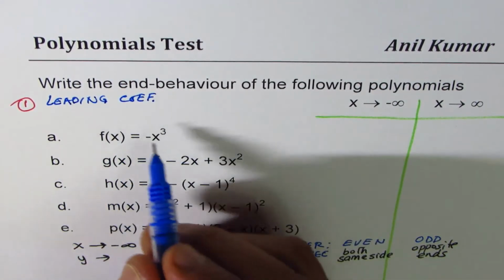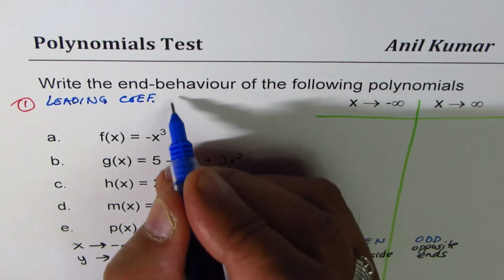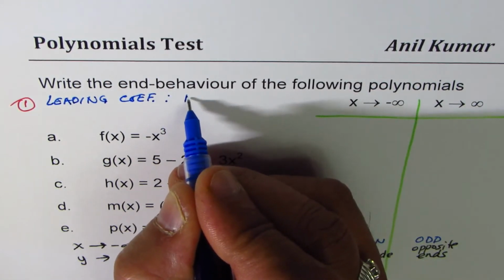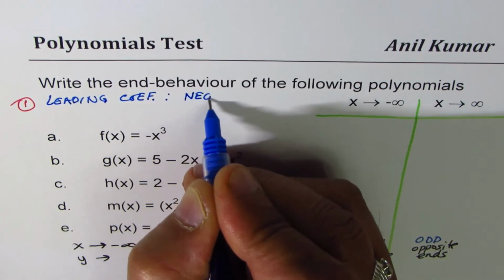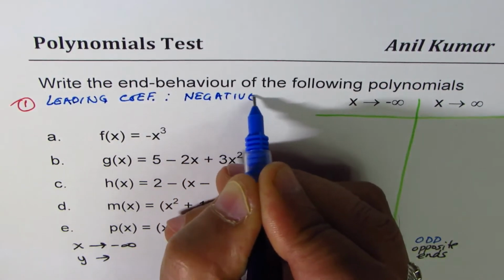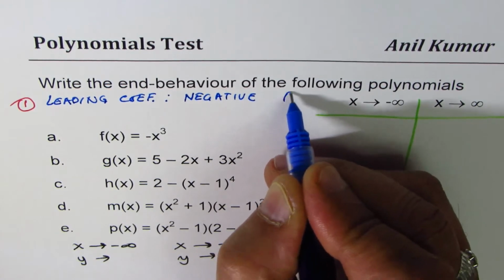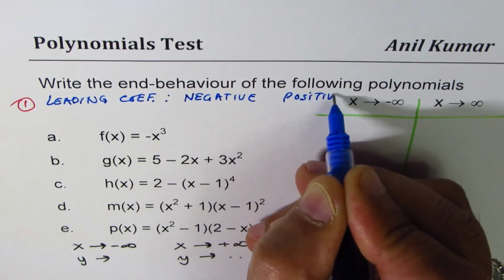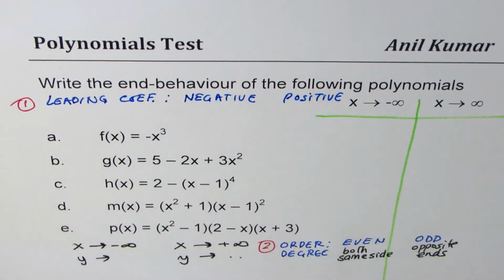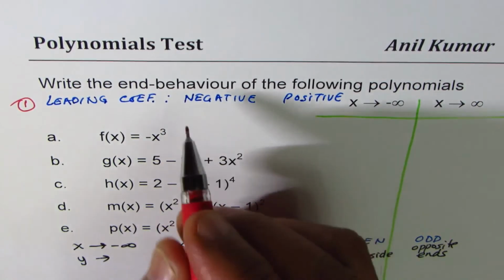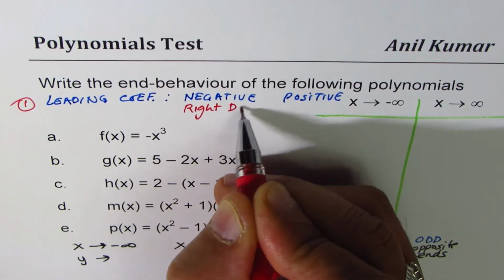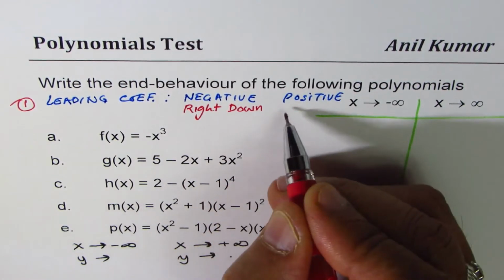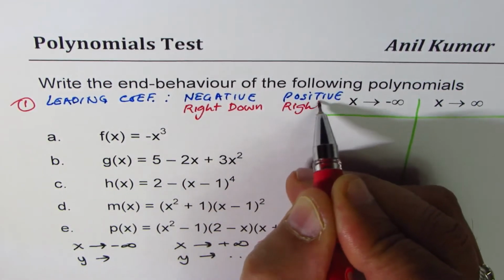If the leading coefficient is negative, then we say right down. If positive, we say right up.